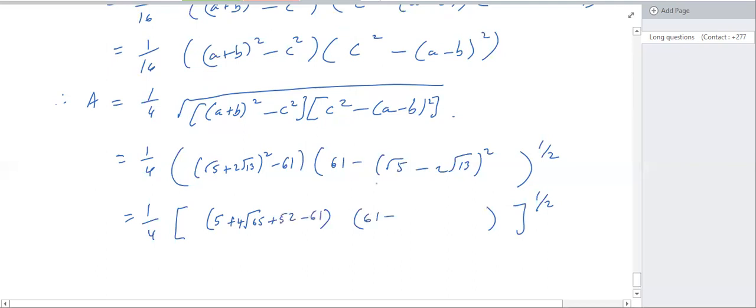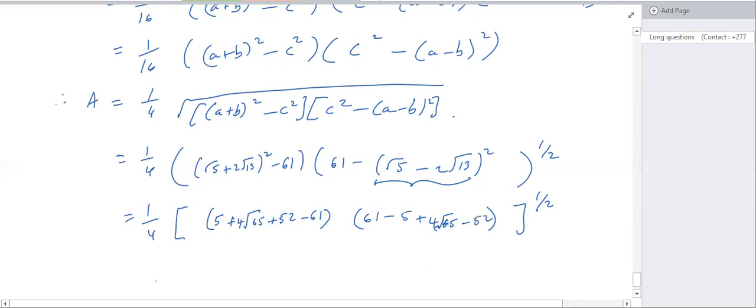Then 61 minus, I'm opening this entire thing up here, minus 5, minus this, so it will become a minus 4 root 13 times root 5, which is root 65, minus 4 times 13, minus 52.